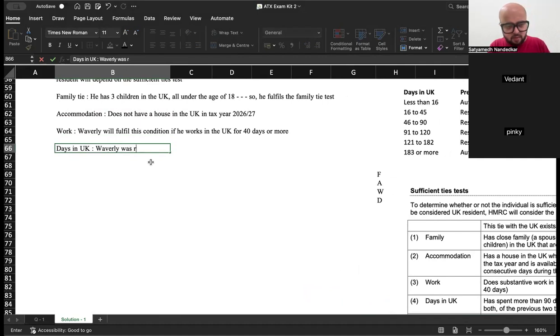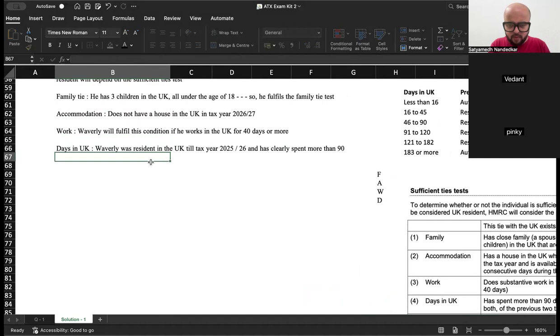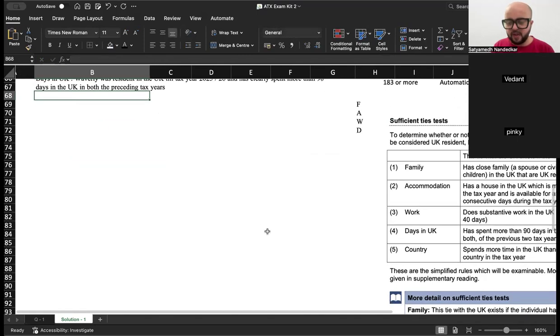Waverley was resident in the UK till tax year 2025-26 and has clearly spent more than 90 days in the United Kingdom in both the preceding tax years.